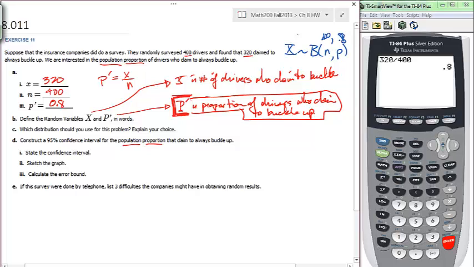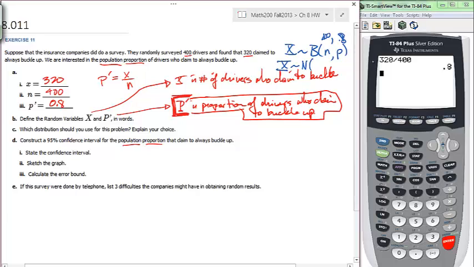It turns out that if we have a binomial distribution that has an N that's large enough and P that's fairly close to 0.5, that combination would allow us to estimate our random variable X to be approximately normal.